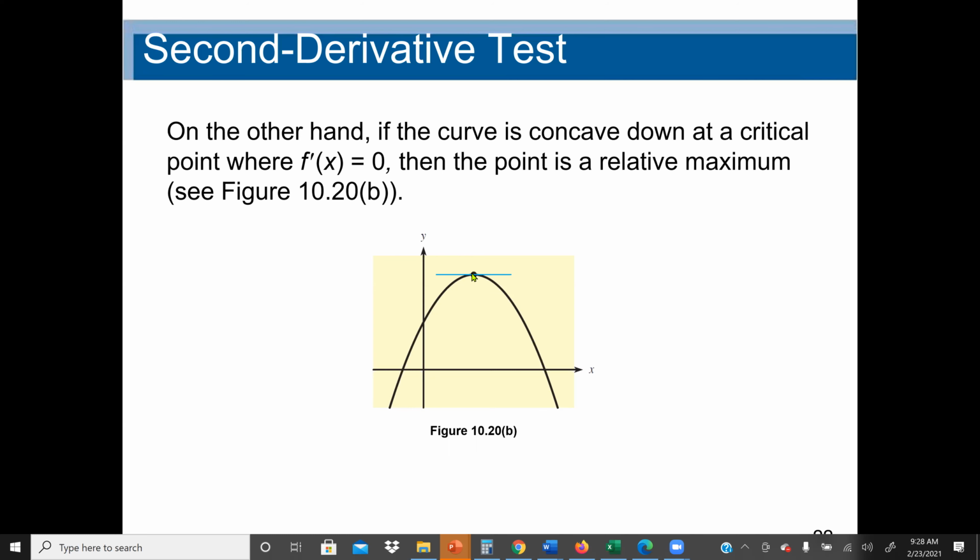And how do we know it's concave down? We will test with the second derivative of the function at the same point, or use any point where the tangent line is above the curve, and it should be either positive or negative, concave up or down.